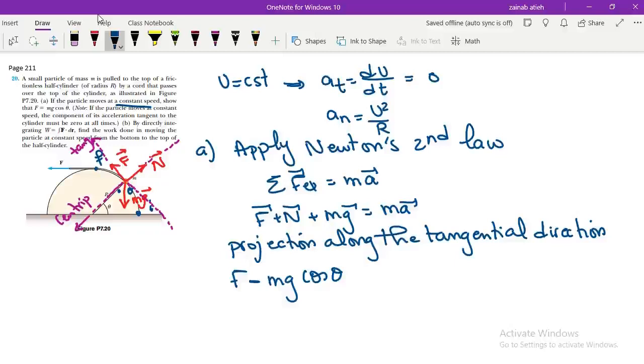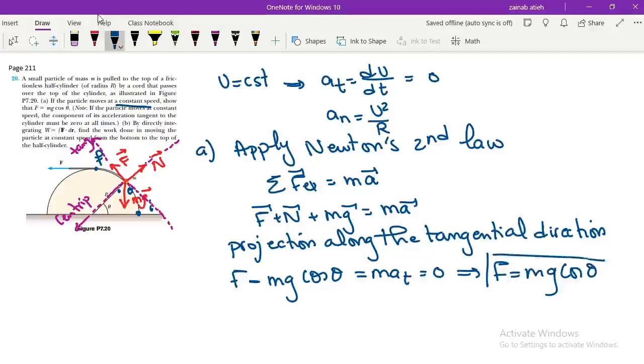This is the angle between mg and the tangential axis. So F minus mg cosine theta, everything on the tangential, equals m a tangential, but in my case a tangential is 0, so it is equal to 0. Thus we prove that F equals mg cosine theta.